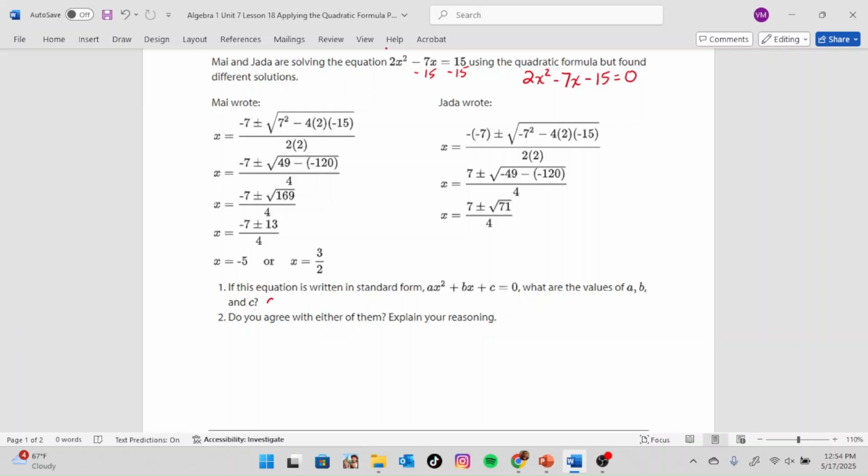That means the value of a is 2 because it's the coefficient in front of the x squared. The value of b is negative 7 because it's the coefficient in front of x. And the value of c is negative 15 because it's the constant.